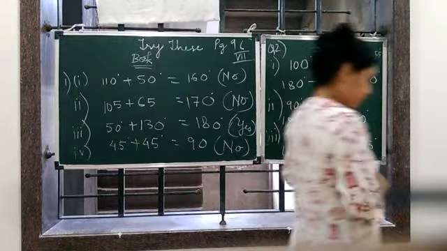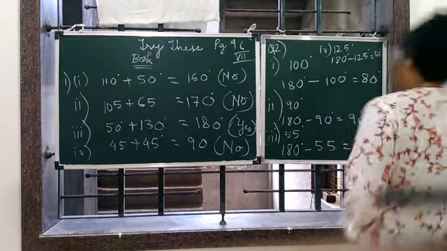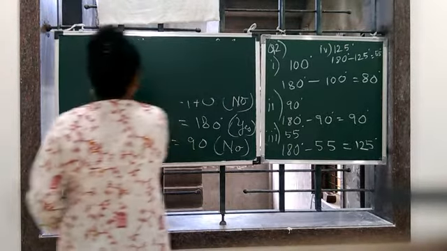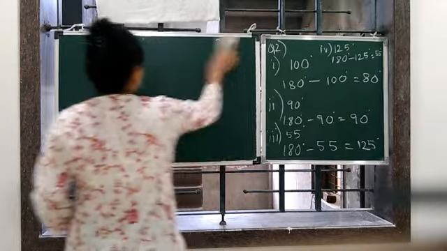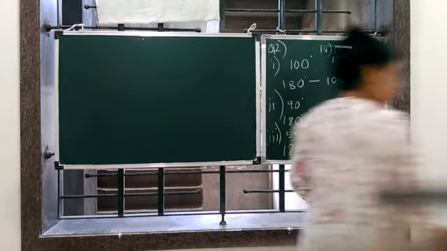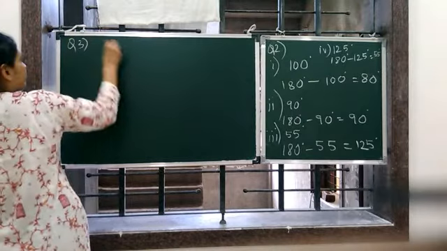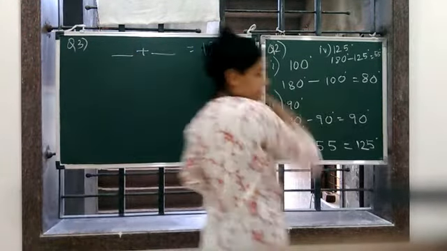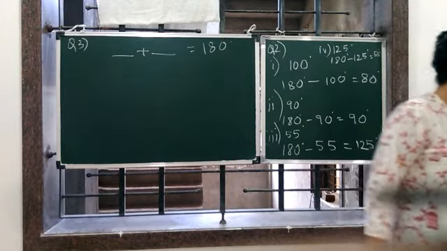So this completes 1, 2, 3, 4th. Question number 2. Now we go to question number 3. Among two supplementary angles means if you add the two supplementary angles, your total should come out to be 180 degrees. So among the two supplementary angles, the measure of the larger angle.